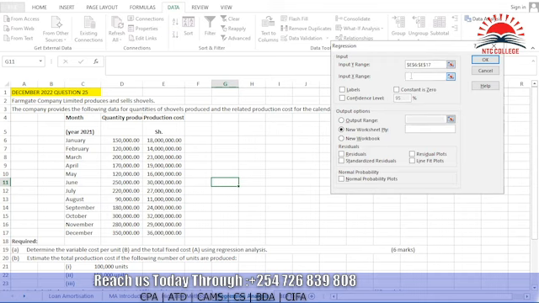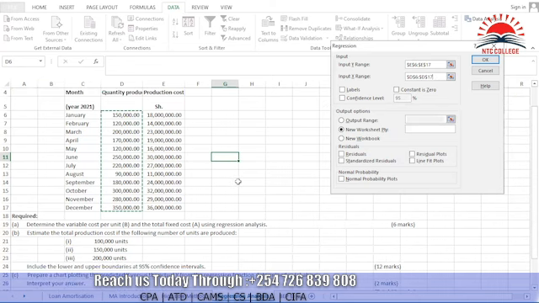Again, highlight the values of X, the quantities. All of them. You've highlighted. Now wait a minute. Don't do anything, class. I want you to listen.